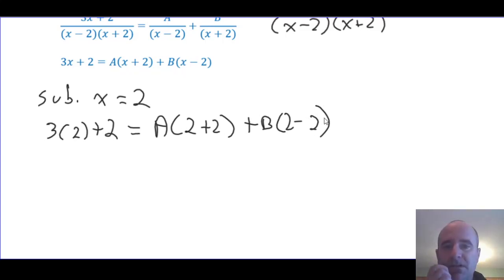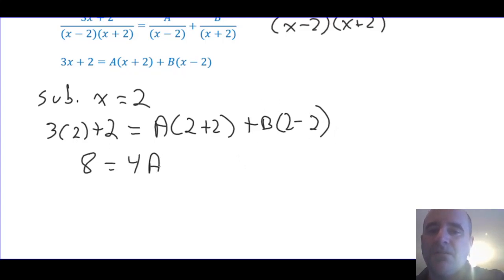So notice what happens here: the b is gone, and I get an equation just in terms of a. 6 plus 2 is 8, so I get 8 equals 4a, a is equal to 2.